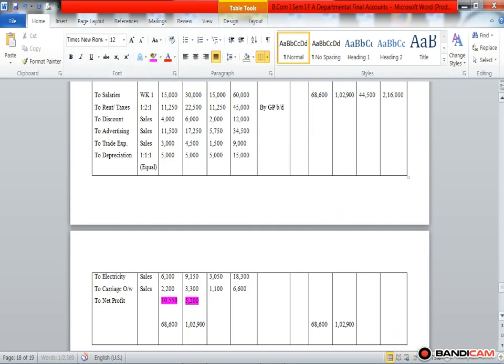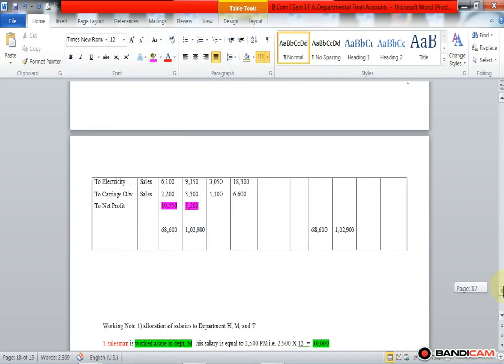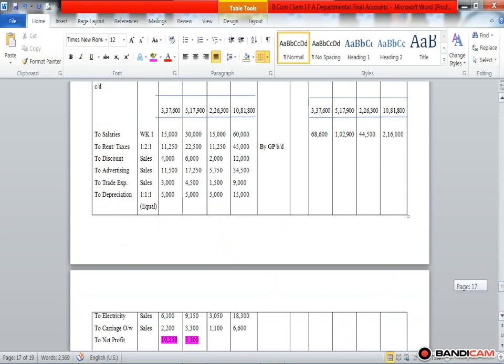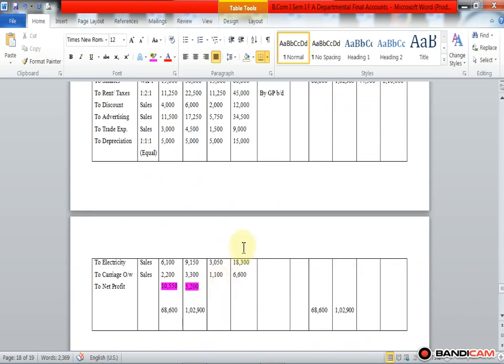Now make the total of department T. Here the total of debit side is more than the credit side, that is amounted to rupees 44,650.